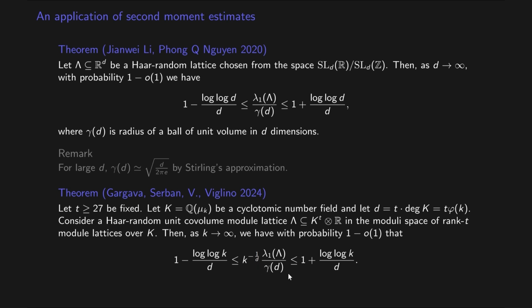If it is normalized by this number gamma d, which is the radius of a ball of unit volume, then our shortest vector will be this number plus or minus a small error term which goes to 0 as the degree of the field goes to infinity.